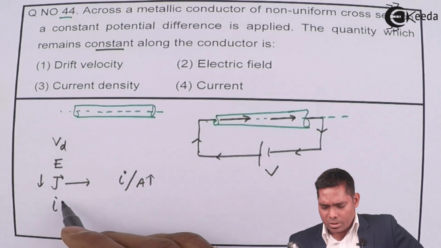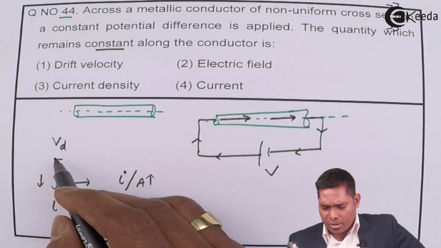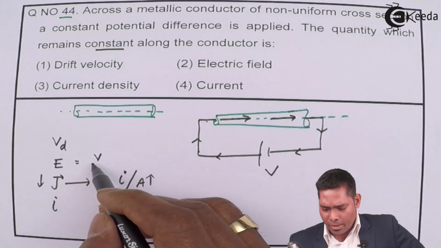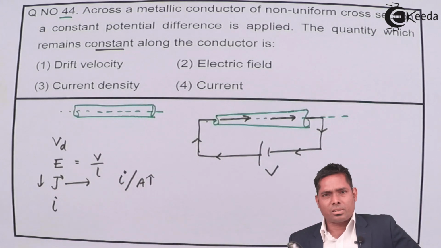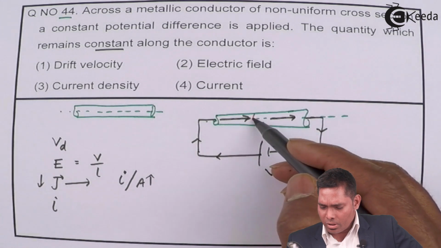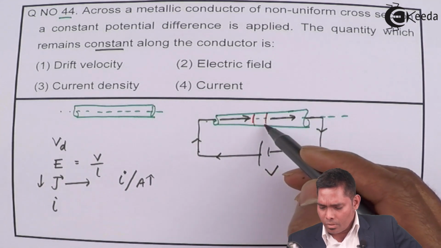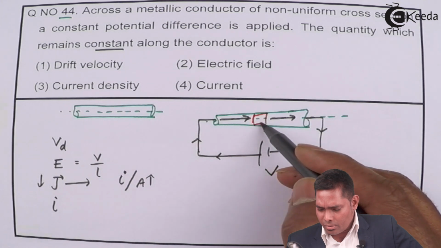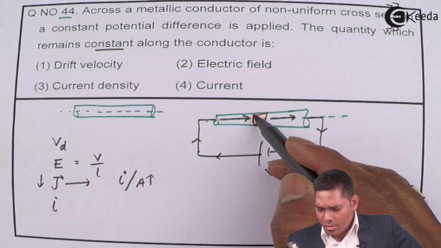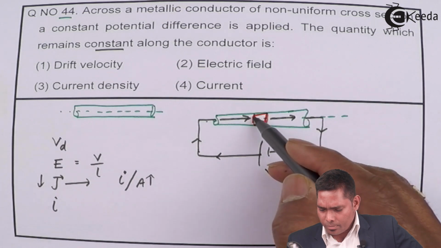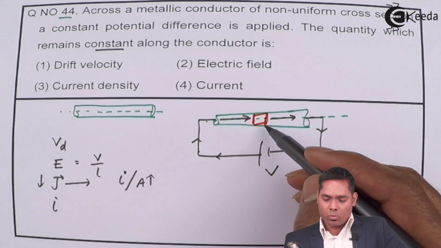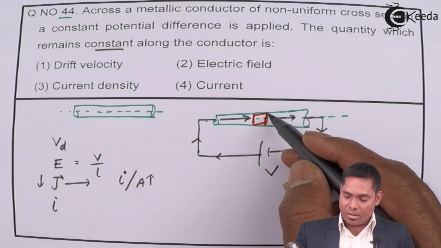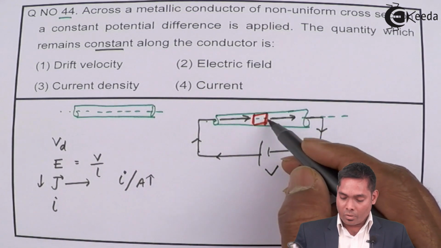Similarly, for the electric field, it is the potential difference applied across the ends divided by L. If I take any cross-section, from here to here the cross-section is gradually increasing, from A to A plus dA. So there is a slight increase in the area of cross-section.